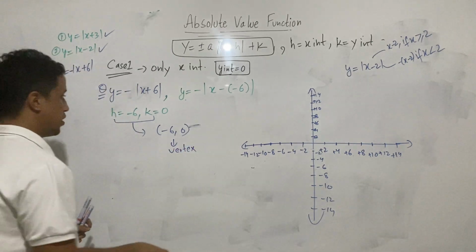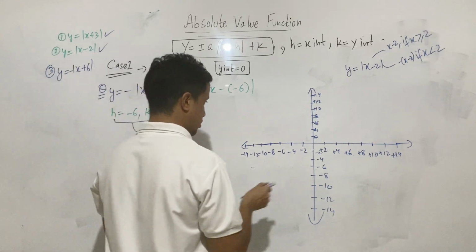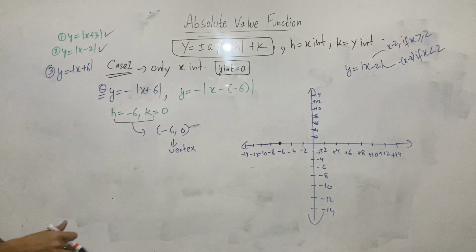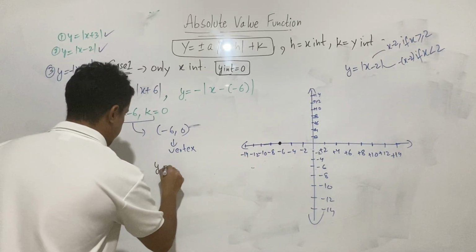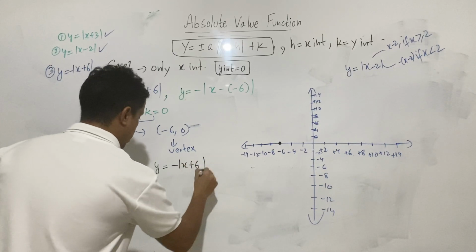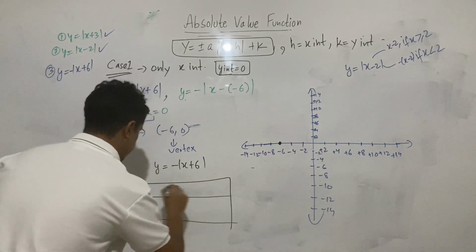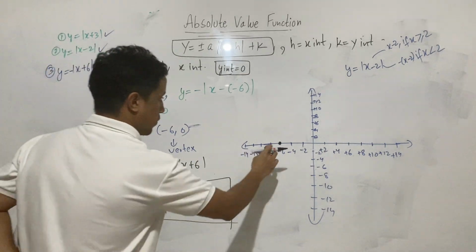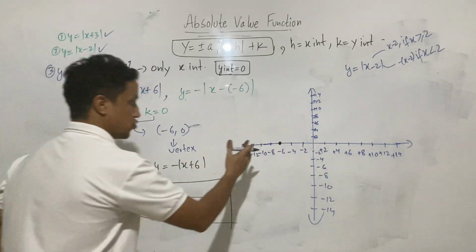So here your vertex is going to be at minus 6, 0, this point. Now I will write this one, y equals negative of x plus 6. We'll put in values of x and y and see where it will take us, right? I will take some values towards the right and some towards the left.